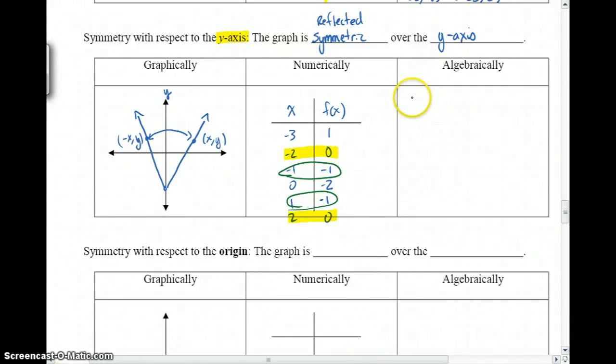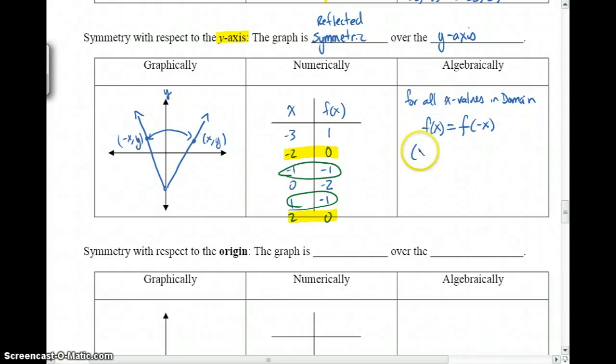So algebraically, we say for all x values in the domain, we know that f of x is going to be equal to f of negative x.